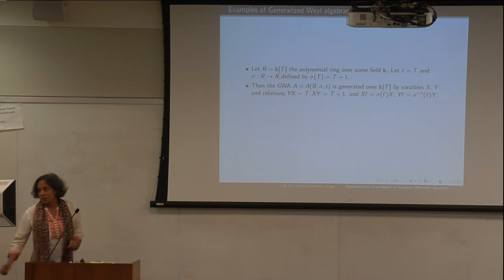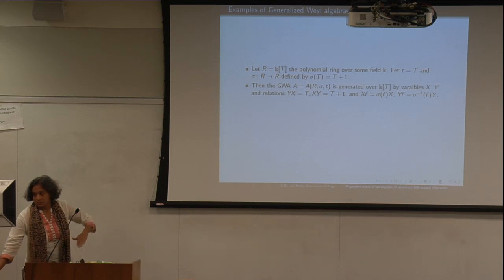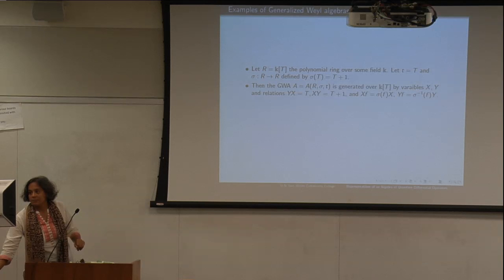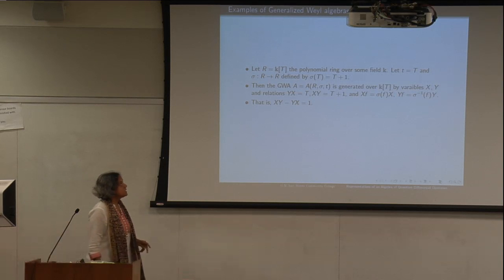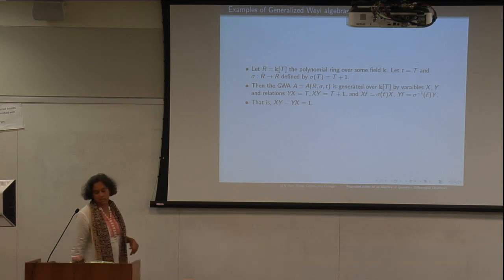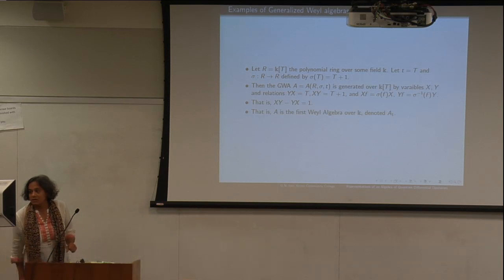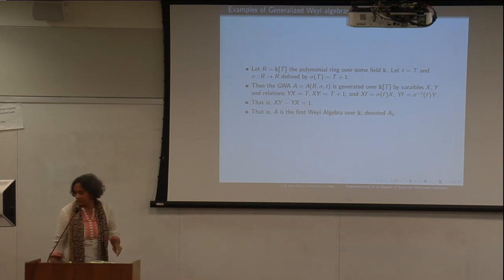And x and y skew commute with the underlying polynomials. In other words, notice xy minus yx is 1. So we have our first Weyl algebra.